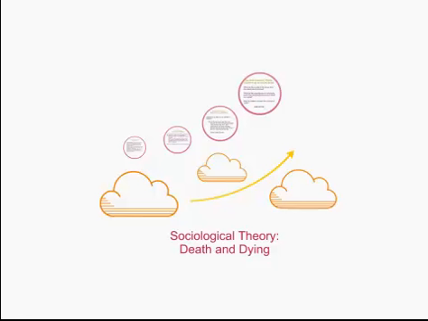So let's take a few minutes here to talk about sociological theory as pertains to death and dying. Now, we will, for the most part, always be in the symbolic interaction camp, meaning that when we have our discussions about death and dying in this course, we're going to be talking at the micro level. It's kind of challenging for us to think about concepts related to death and dying at anything less than an intimate level.